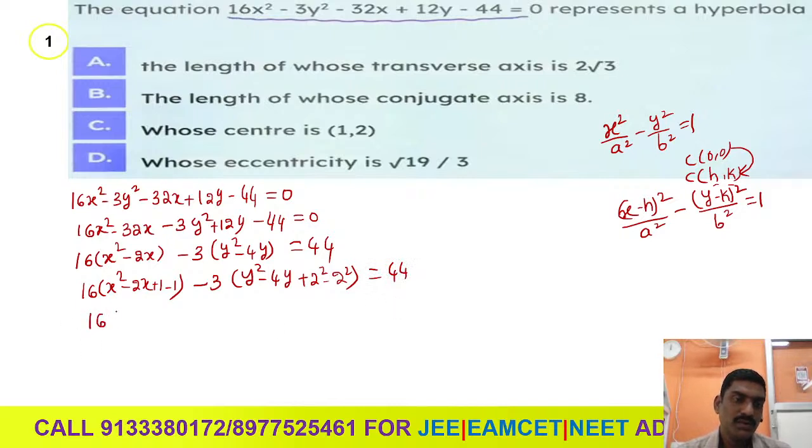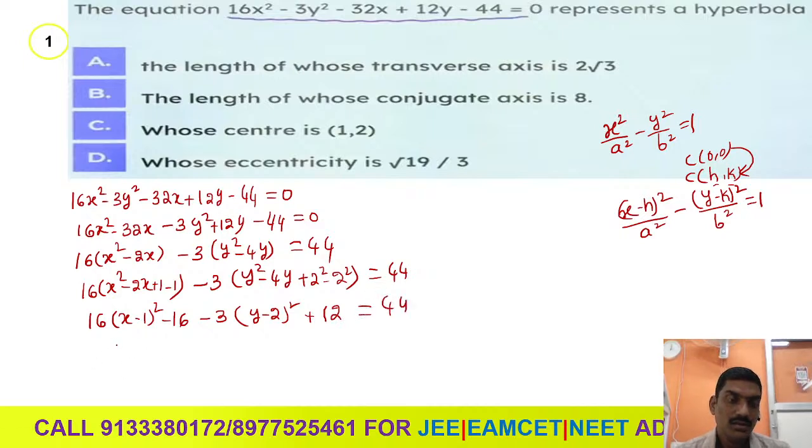So this is 16 times x minus 1 whole square minus 16, and this is minus 3 times y minus 2 whole square, minus into minus plus, 3 fours are 12, which is equal to 44. So this is 16 of x minus 1 whole square minus 3 times y minus 2 whole square equal to 44.